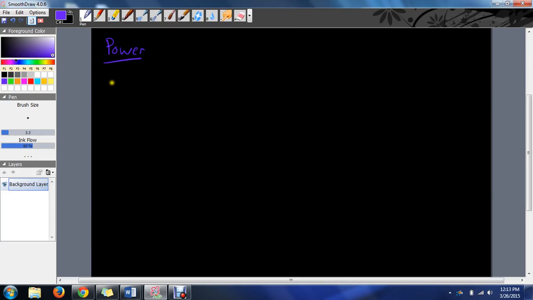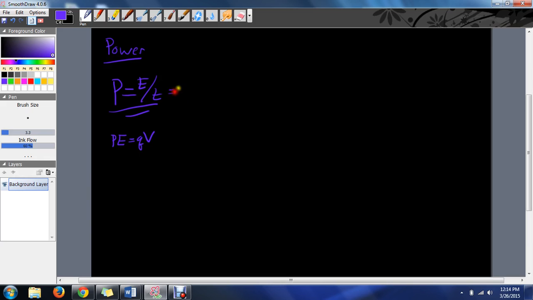You recall from Physics 1 that power is defined as energy over time. You recall that energy is charge times voltage, right?